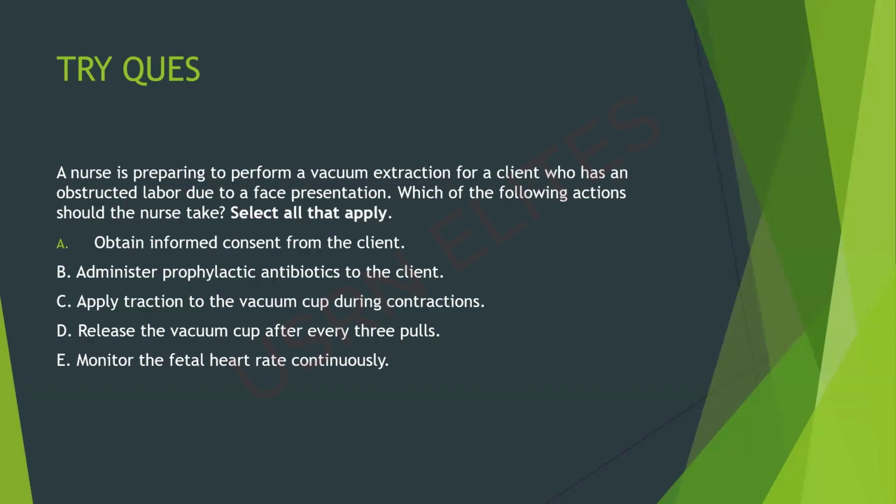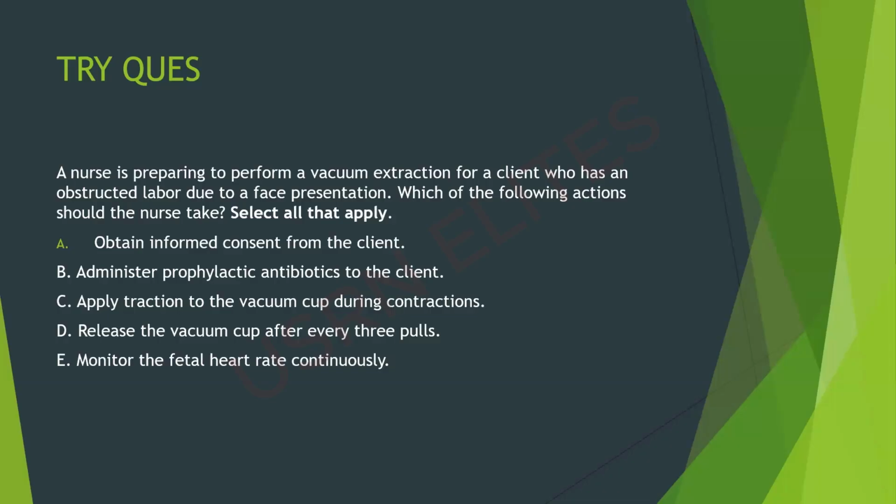I'm still not all that clear, because my concern is that after you apply the vacuum and you keep it for some time, I'm thinking there's a need for you to also release, or is it because they said after 3 pulls you should? No, this says that once the mother is pushing, you apply your vacuum suction.